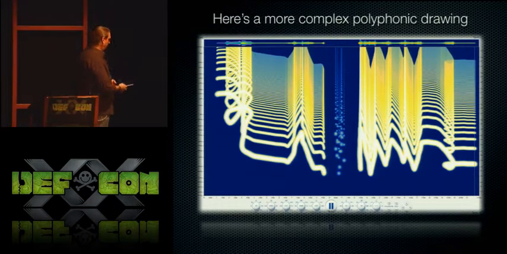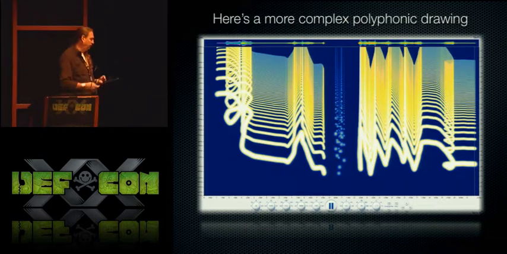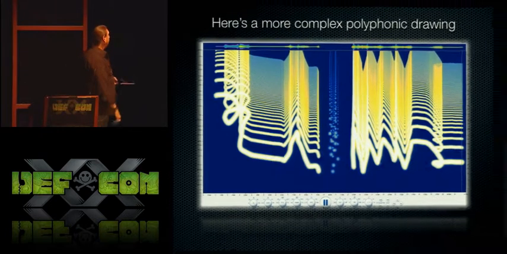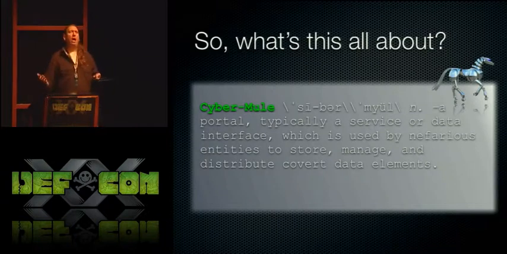So these are some examples of the flip side, where I didn't feed it anything. I drew the graphic and then created a wave file. Now, so what, right? Here we are.